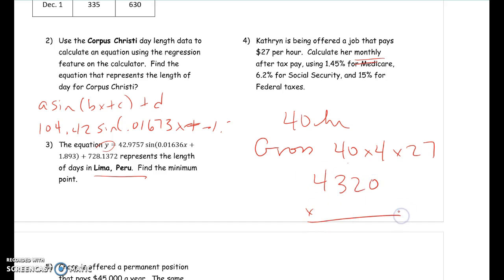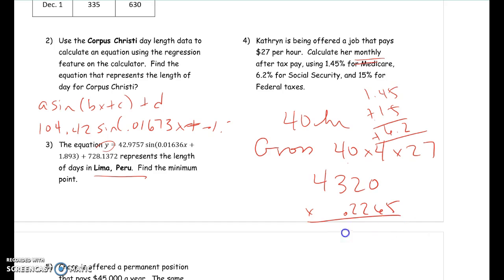And I'm going to multiply that by all these taxes. So I'm going to add the 1.45, the 15, and the 6.2. And then that's what I'm going to multiply this by. So 1.45 plus 15% plus 6.2%. Now, as a percent, this is 22.65, but when I go to multiply, remember you move the decimal over twice.